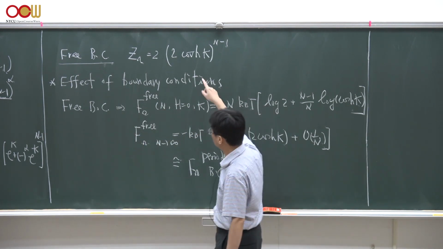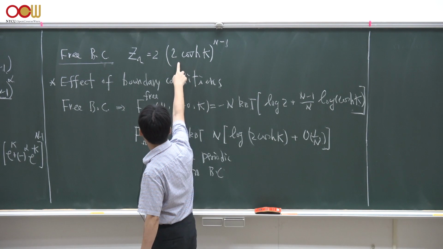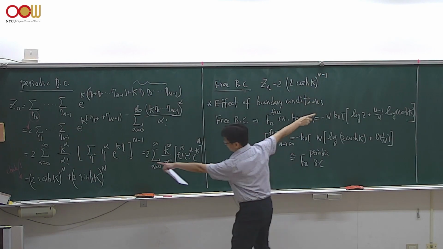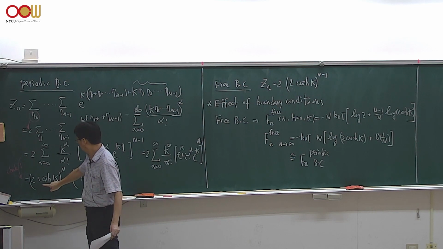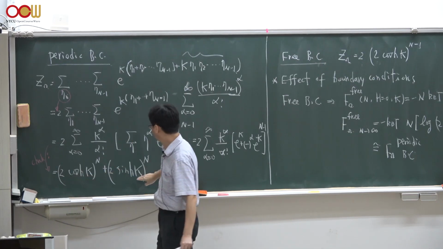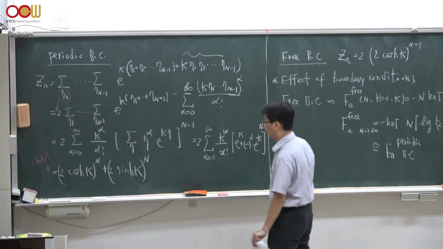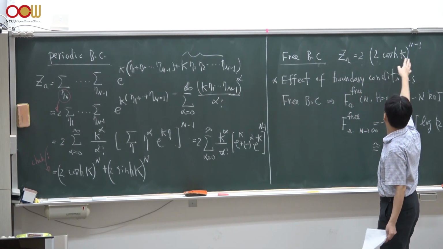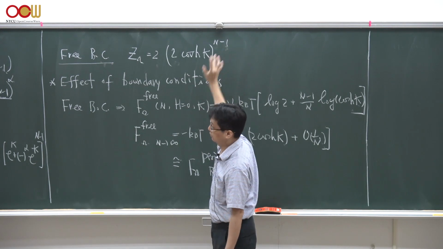For a free boundary condition, you get 2 times 2 cosh k to the power of n minus 1. But in this periodic case, you get not only the cosh, but also the sinh. And apart from this, the factor of 2 is different, and the exponent is slightly different.